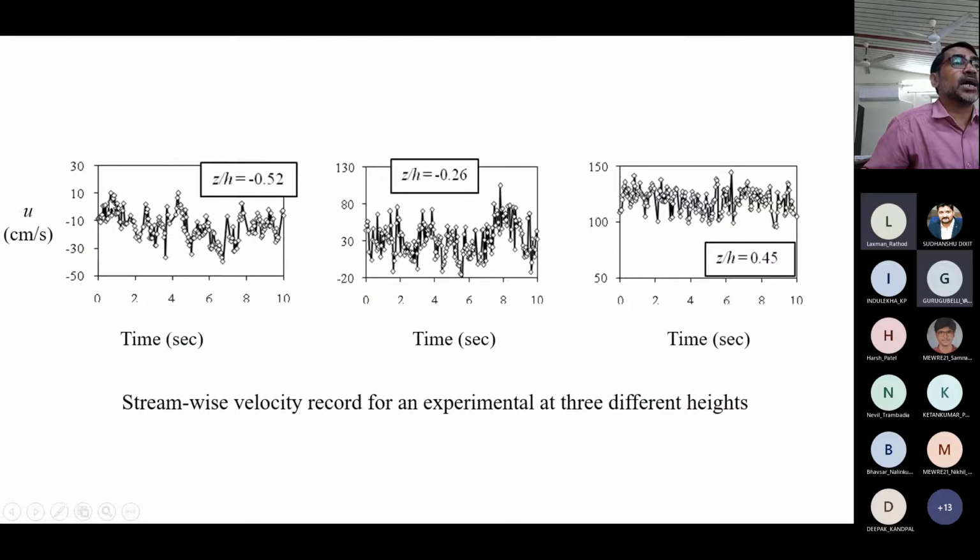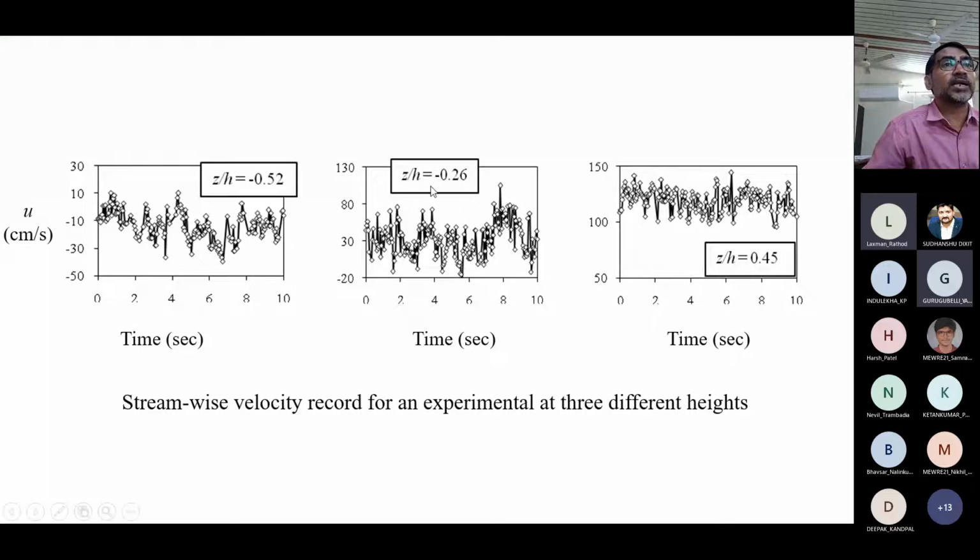You can see mostly the velocity is negative. Very few values are above the 0 line; other than those, all observations have negative u. So near the bed, we can say the negative or downward movement is there.